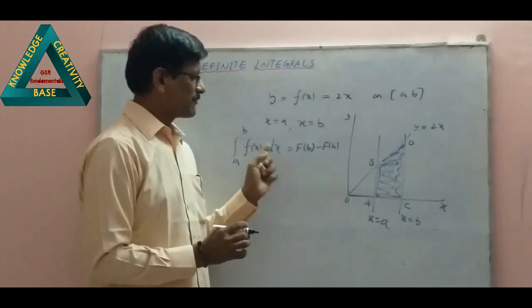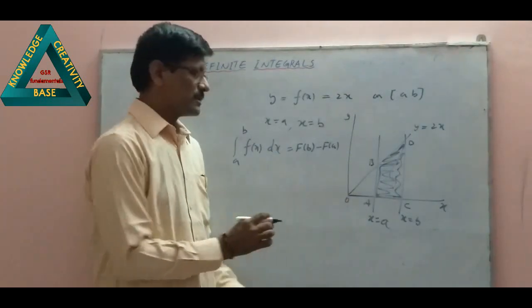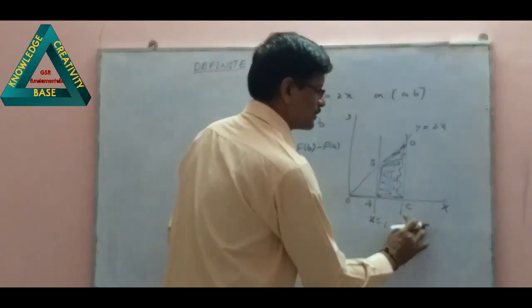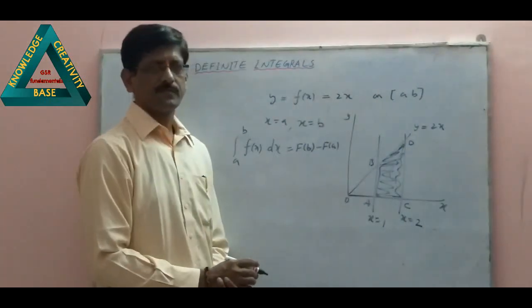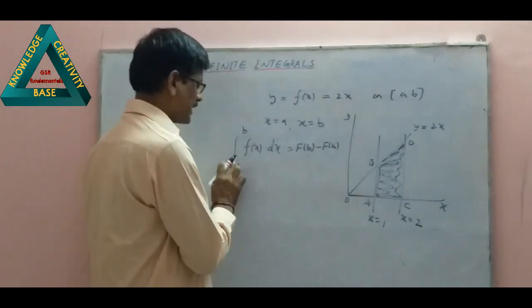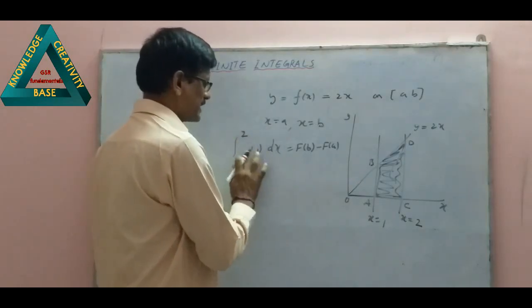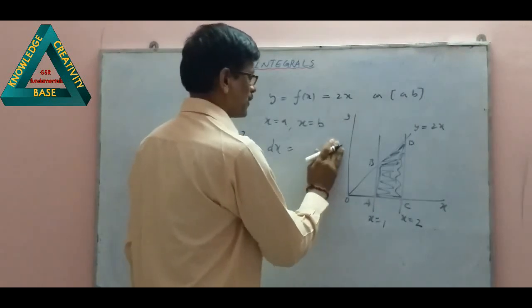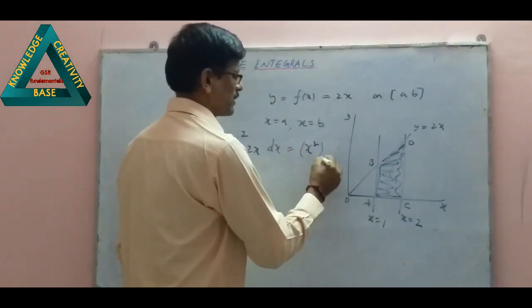Integral a to b f of x dx represents, suppose x is equal to 1 and x is equal to 2. The curve y is equal to 2x. So the definite integral 1 to 2 of 2x dx is equal to, what is the integration of this one? x square, limits 1 to 2.